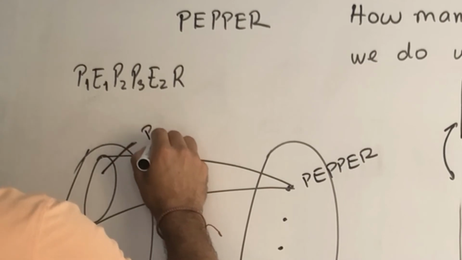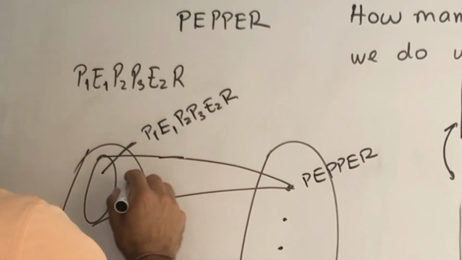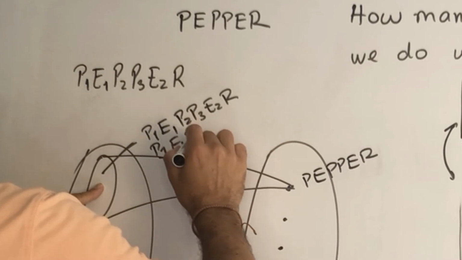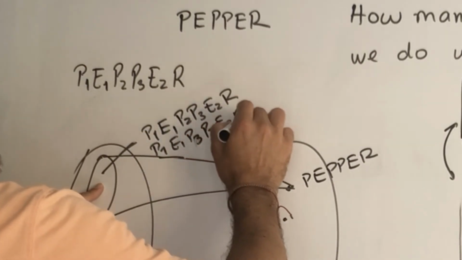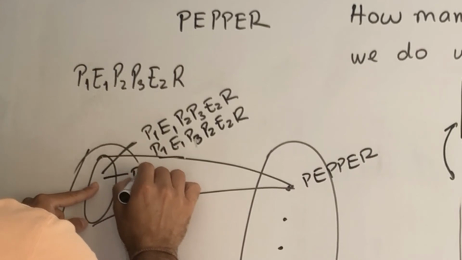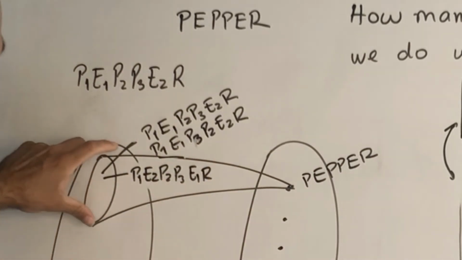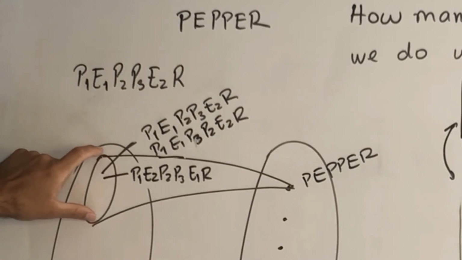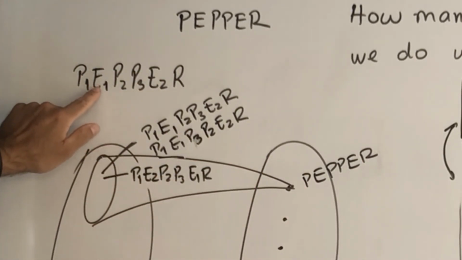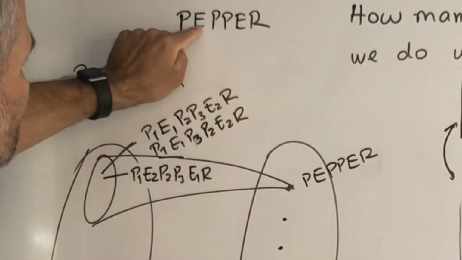And here we have P1, E1, P2, P3, E2, and R. In this same group, we have P1, E1, P3, P2, E2, and R. And in the same group, we have P1, E2, P2, P3, E1, and R. Then we have a bunch of words with the property that if we forget to differentiate the P1, P2, P3 and just make it a P, and we disregard the E1 and E2 and just make it an E, then we get this answer here for this possible arrangement.